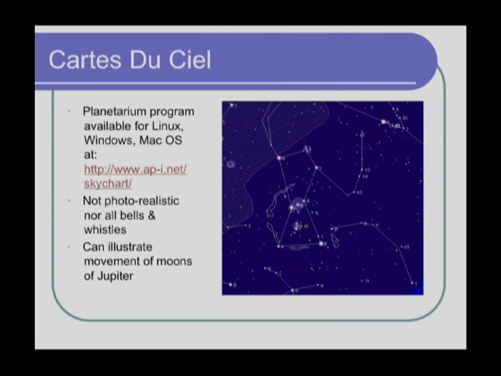The other thing, you can Google Cartes du Ciel, and it's a freeware astronomy program. And if you go to the website, you'll find lots of components. So don't just download the basic, download the Hipparcos catalog with it, and download the Milky Way outline and so forth.